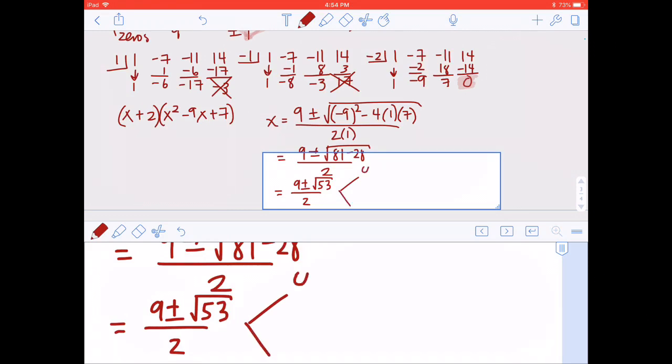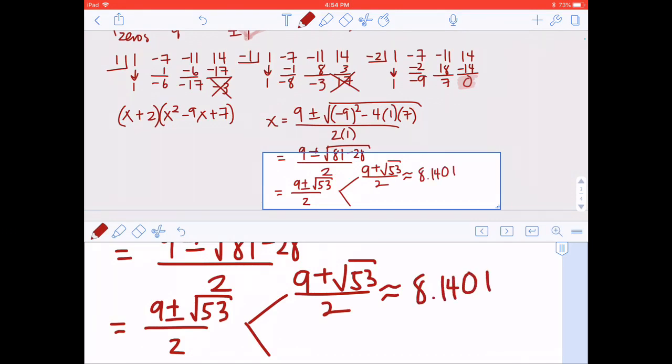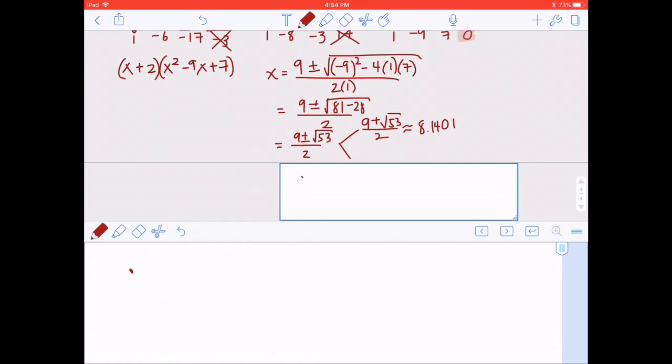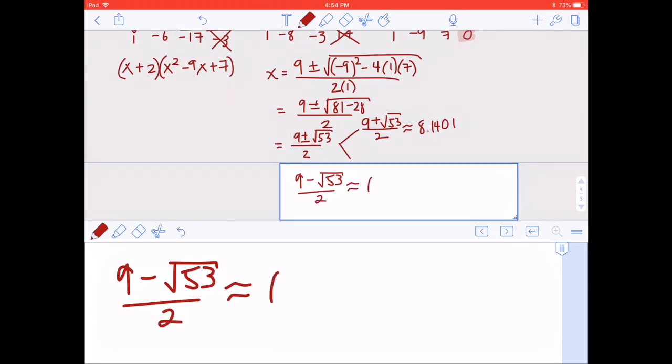Again, that's going to split up into two equations here, two parts. So this is going to be approximately 8.1401 when I plug it into my calculator. And this one, 9 minus root 53 over 2, is approximately 0.8599.